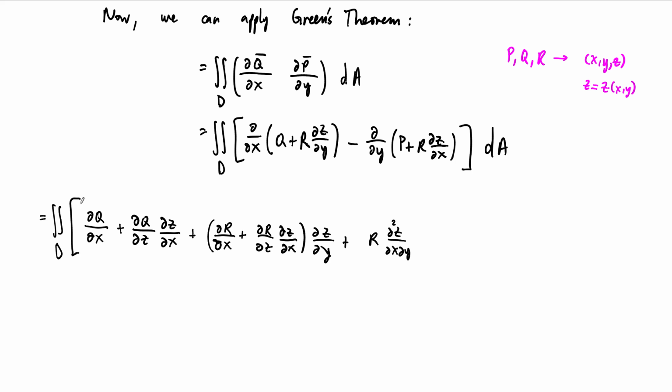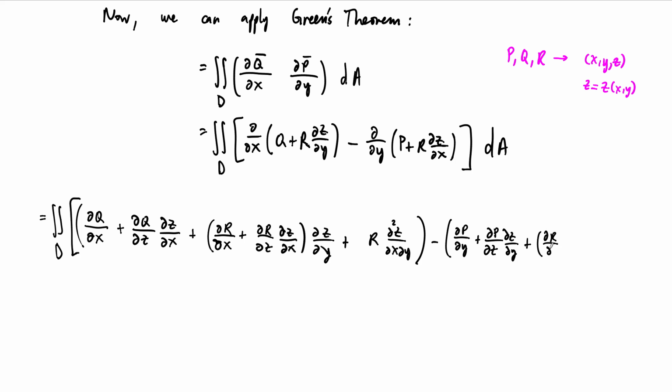Sorry, this is the derivative of the first term. Then we need to subtract off the y derivative here. This one's going to be a little quicker for us because we have an idea what's going to happen. So this is dP dy plus dP dz times dz dy, plus the same thing with the R.